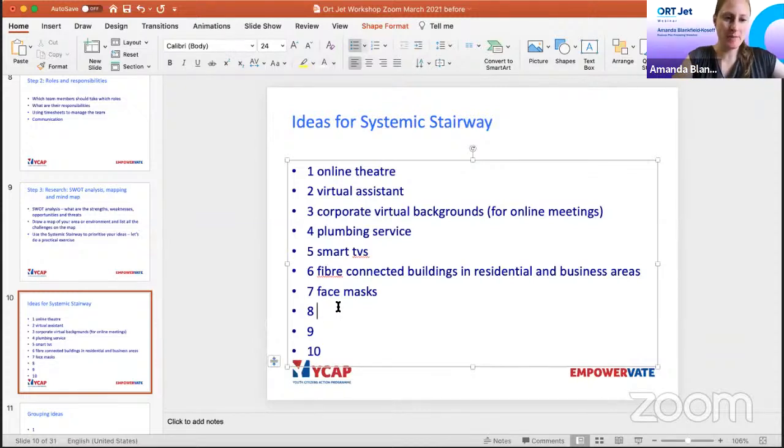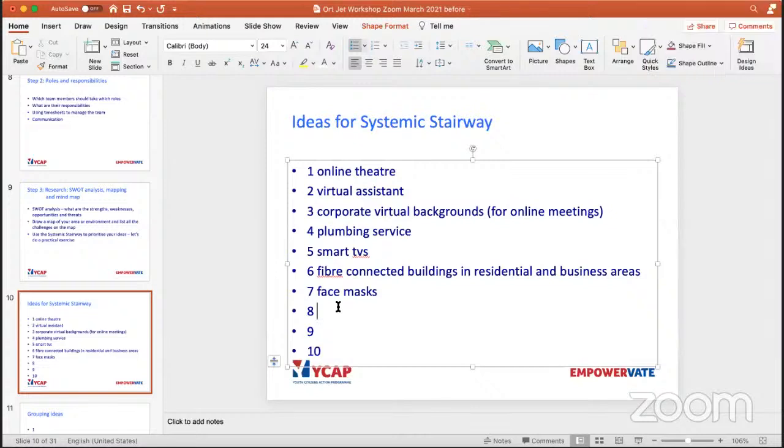Okay, 3 more. I would say maybe stick blenders to make softer food for COVID connected sick people living at home with families.